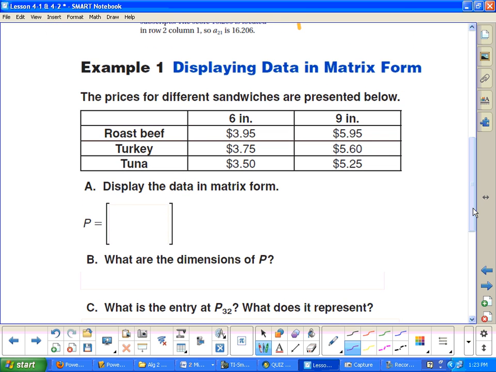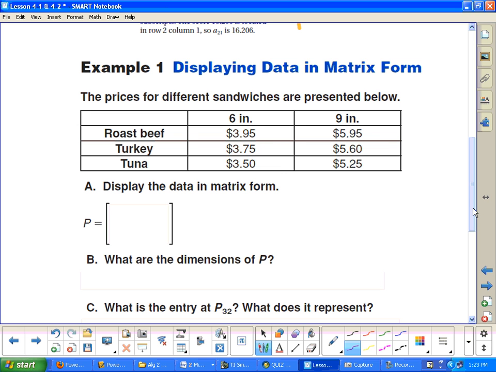All right, so here's a set of data. These are the prices for different sandwiches presented below. Now, in the matrix we don't care about the labels. For instance, for the column that says 6 inches, all we're going to do is put those numbers in the matrix.